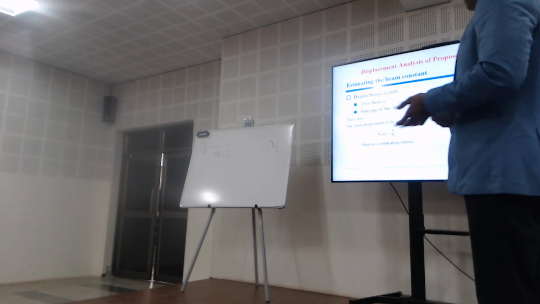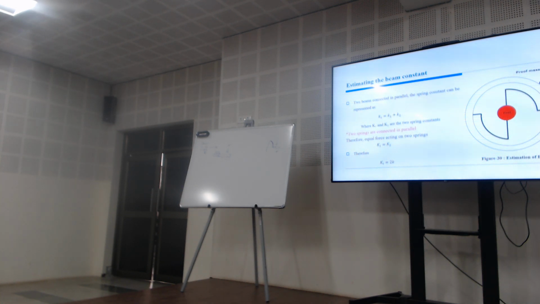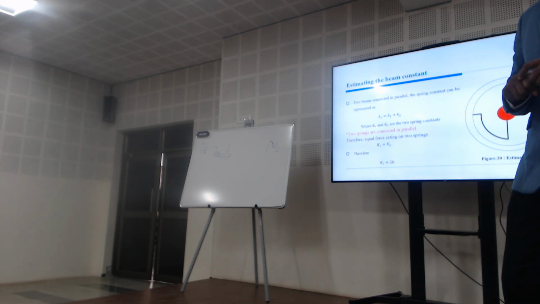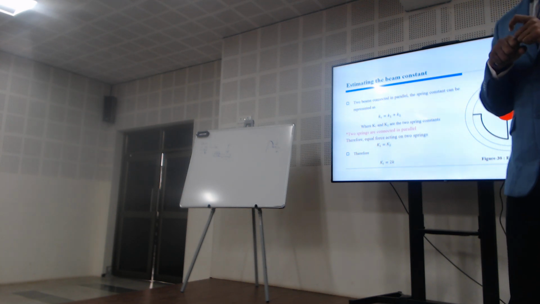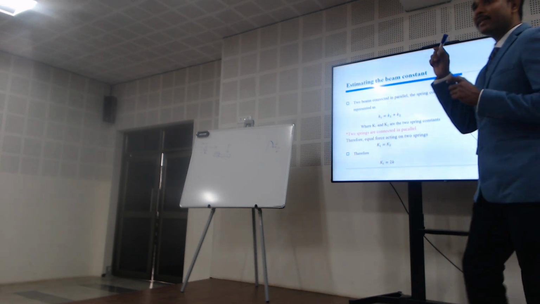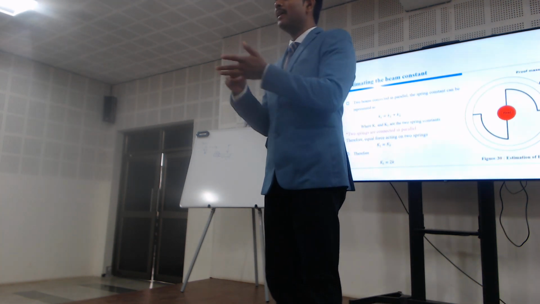But mathematically we can go with the basic formula only, that is, the change of distance comes from the force divided by the spring constant. So we need to consider how many springs we are taking, and how we are connecting those springs, either serially or parallelly.